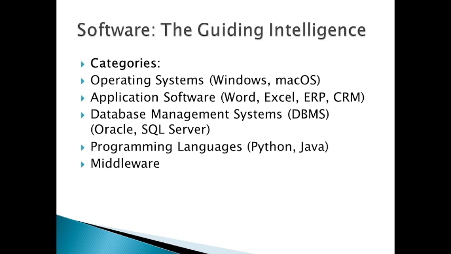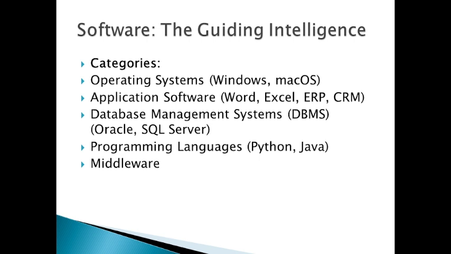This is the foundation software that manages hardware and provides a platform for other programs to run. Examples include Windows, Macintosh operating system, Linux, and mobile operating systems like Android, etc. The operating system is crucial for system stability and resource management.